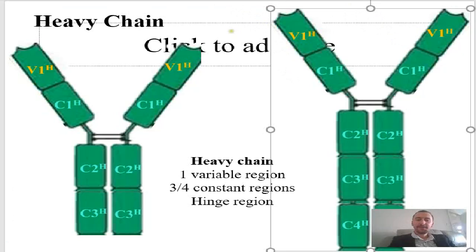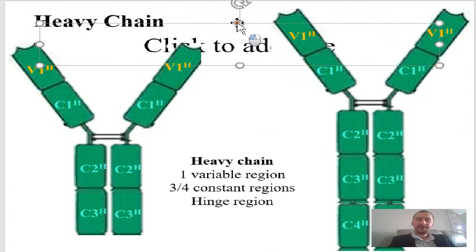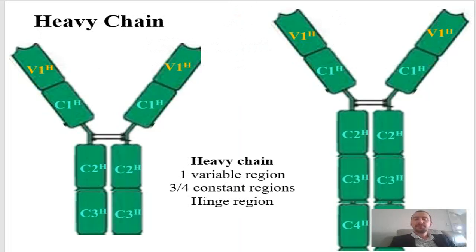Now, in terms of the heavy chain, and identifying which components make up the heavy chain: on the one hand, you have immunoglobulins that can have three constant regions, constant region 1, 2 and 3. The important thing to notice is the heavy chain has a variable region, which you can see highlighted here.